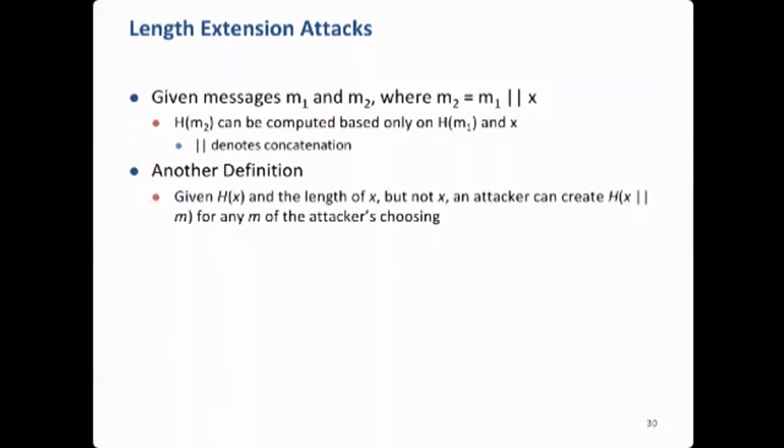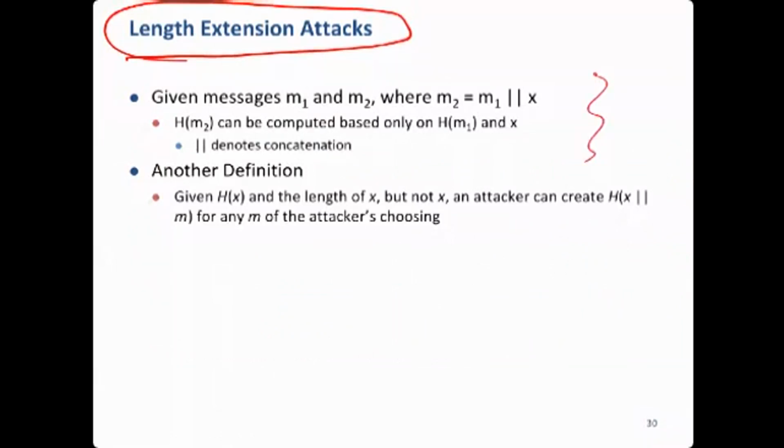Okay, there is one attack which is called the length extension attack. We'll not go into details, but it works as follows. Given messages M1 and M2, where M2 is nothing but M1 concatenated with X. Basically, take M1 as a string, 0 1, and concatenate it, join it with another string. This is called concatenation.